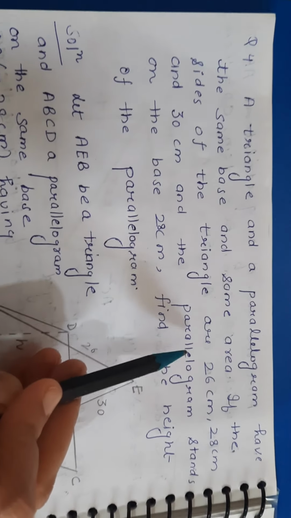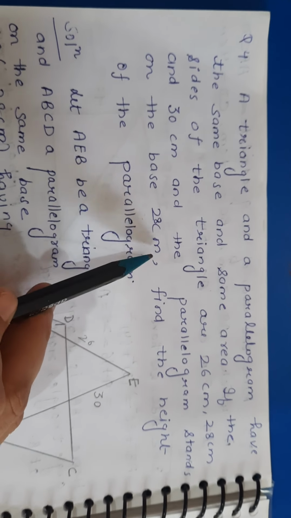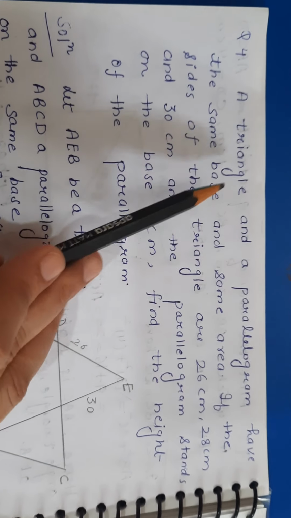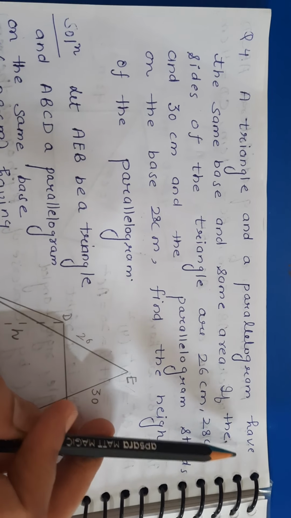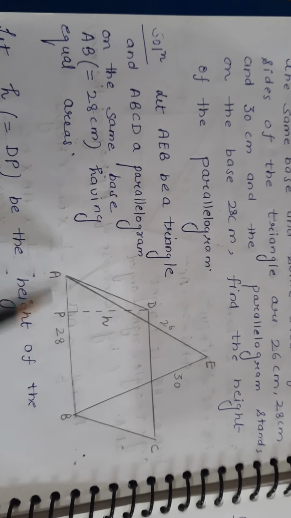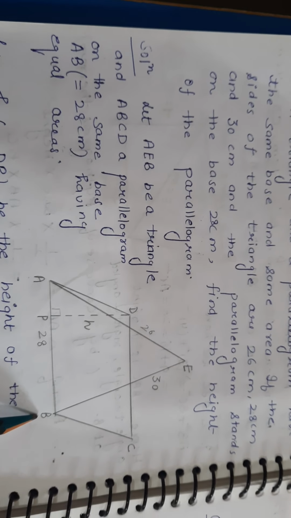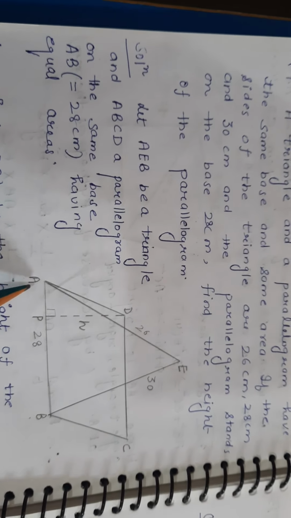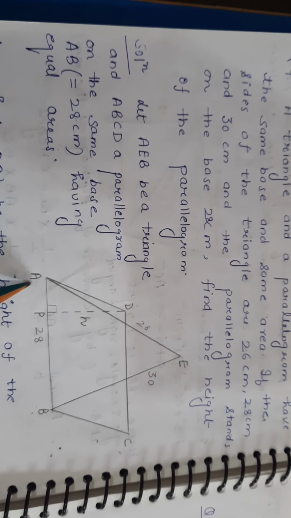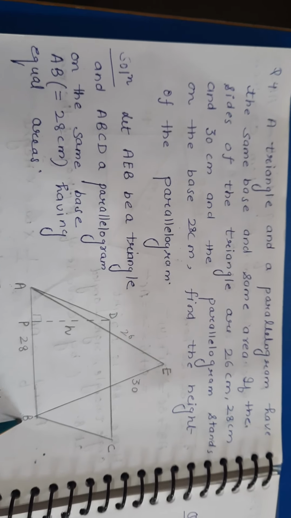It is given that the parallelogram is standing on the base 28 centimeter and the triangle and parallelogram have the same base. That means let AB be the base of the triangle as well as the parallelogram, and it is given this base is 28, right? So this side AB is 28.